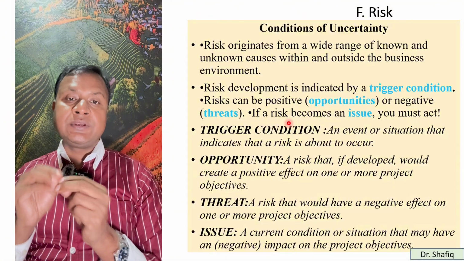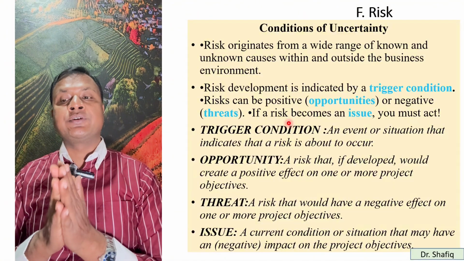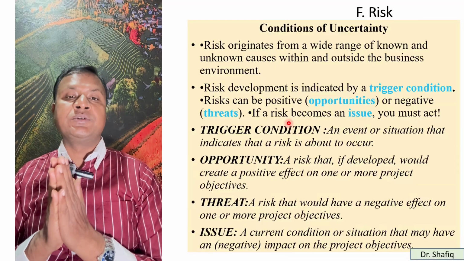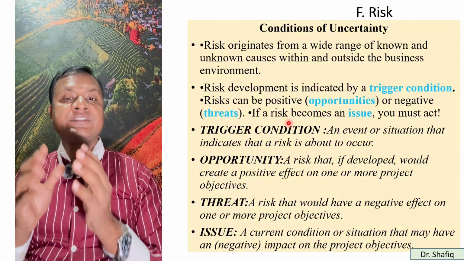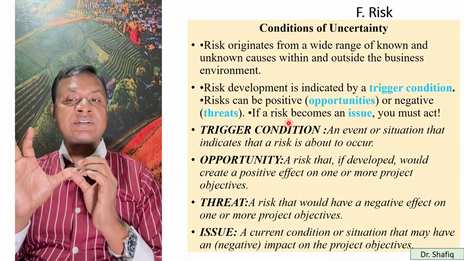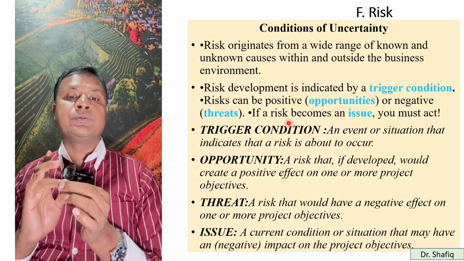And then we have issue. Issue is a current situational condition that may have a negative impact on the project objectives. So we call it an issue. So before deciding about uncertainty and risk, we have to understand what trigger condition, opportunity, threat, and issue are.